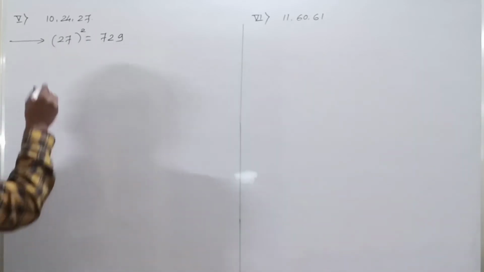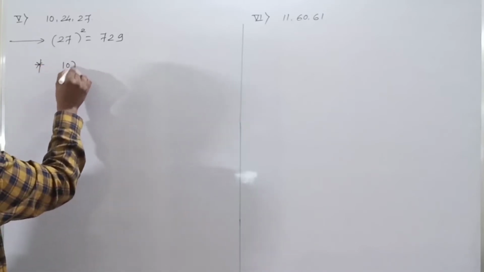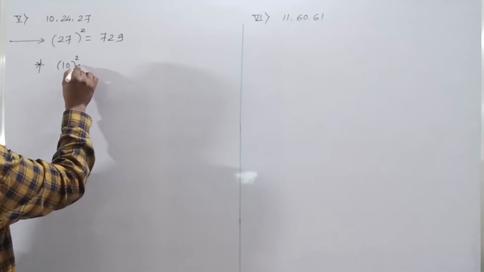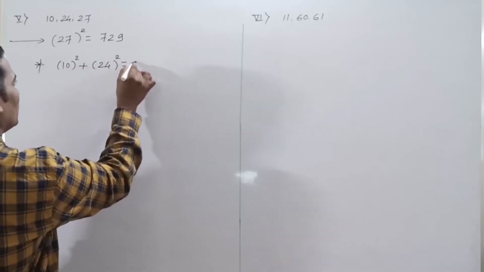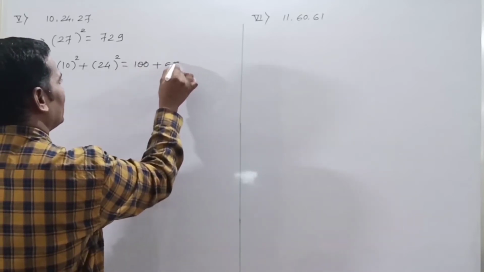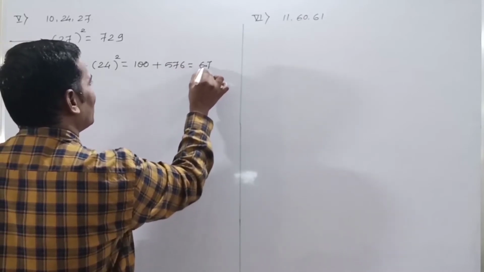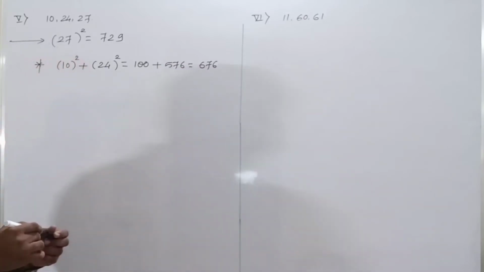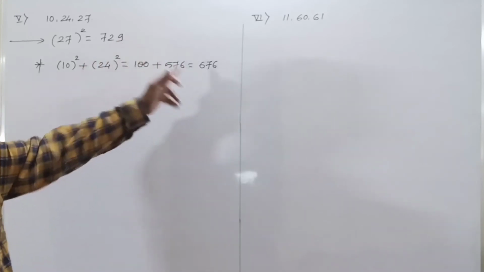Now let's check the sum of the squares of the remaining two numbers. This will be 10 whole square plus 24 whole square is equal to 100 plus 576 is equal to 676. The sum of these two will be 676 and both are not equal to each other.